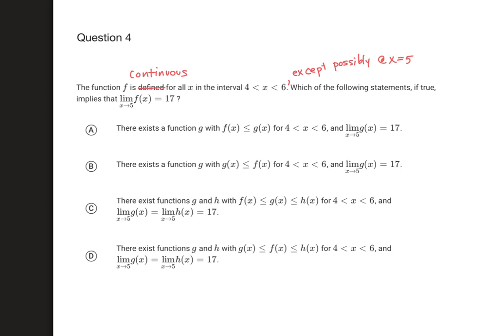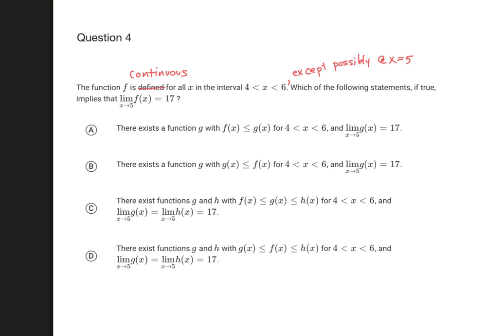Okay, the first ones don't really make too much sense, A and B. They talk about there exists a function where f is always less than or equal to g. Next one is g is always less than or equal to f. We want to know if this statement is true, that it implies that the limit of f of x has to equal 17.